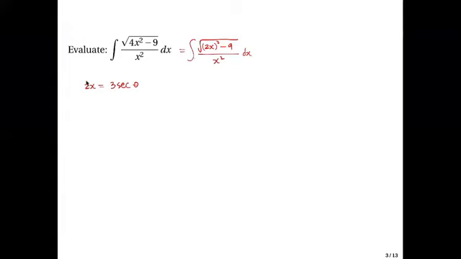Because if we do the square in here, this implies that 4x squared is equal to 9 secant squared theta. And then from here, we calculate x squared. So from this guy, we have x squared equals 9 secant squared theta over 4.